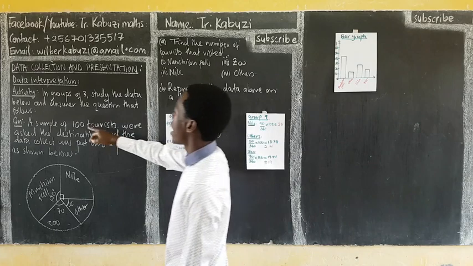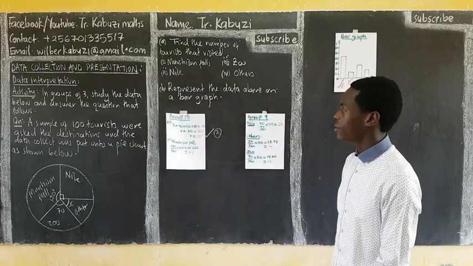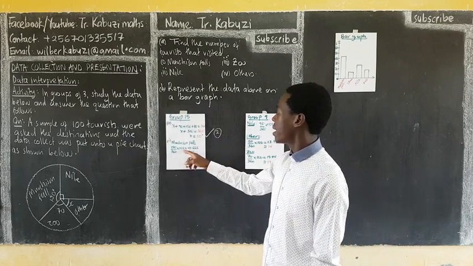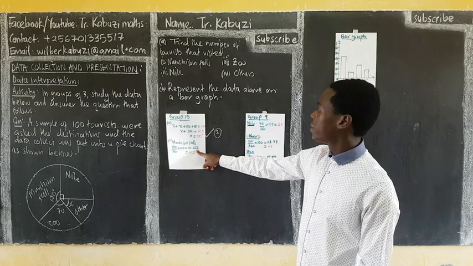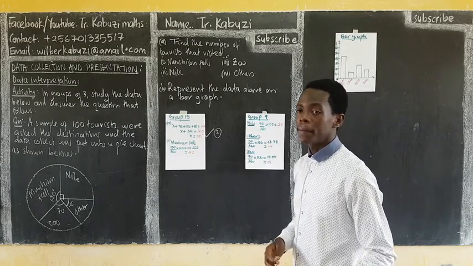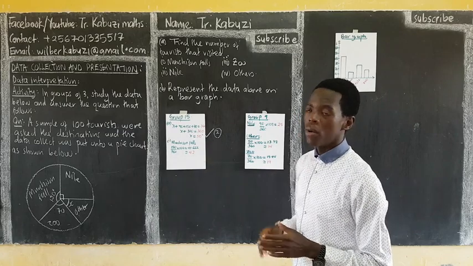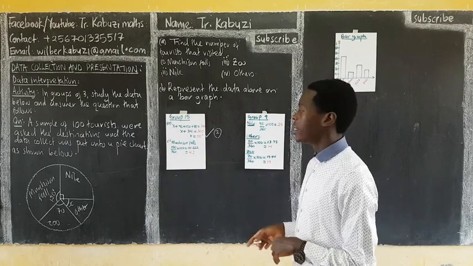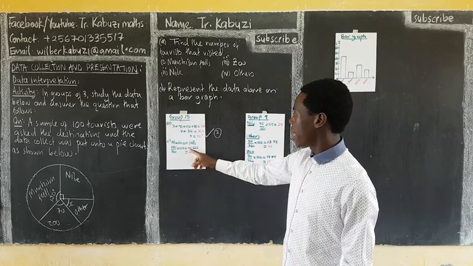So because we had 100 tourists, they multiply by 100 and then they get this. Whenever you get a decimal, you round off: if the digit is from 5 up to 9, you always round off to the next whole number. Even if we are converting from degrees, you also round off. So they rounded off here to 42.